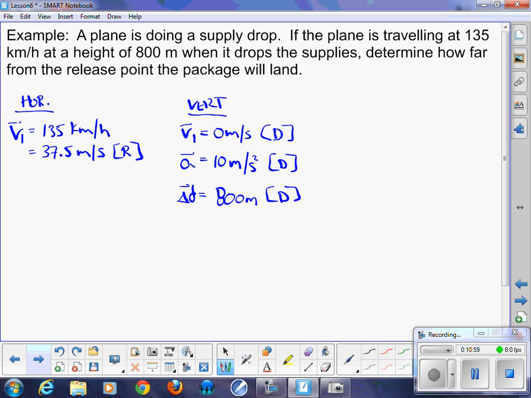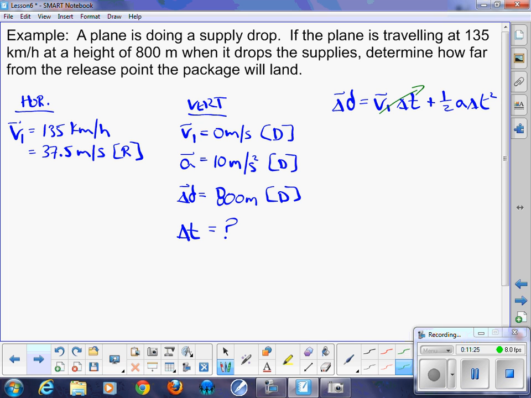Determine how far from the release point the package will land. As you can see, this example is virtually the same as the previous. We're looking for that delta x. Because V1 is 0, it makes that question a lot easier. So delta D equals V1 delta T plus 1/2 A delta T squared.